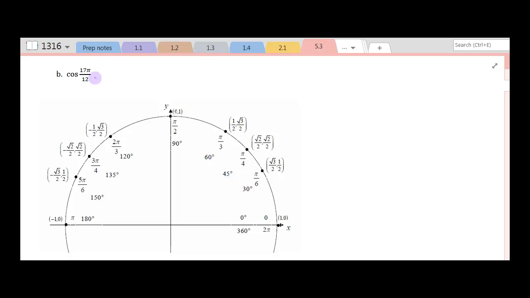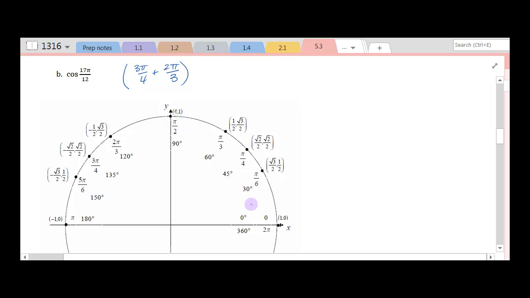Okay, so if I just figure out angles that added, not subtracted, which I could have done too, but if I just focus on two angles that added together to give me 17 pi over 12, you could have come up with possibly 3 pi over 4 and 2 pi over 3. Those two angles, which occur here on the unit circle, add to give me 17 pi over 12.